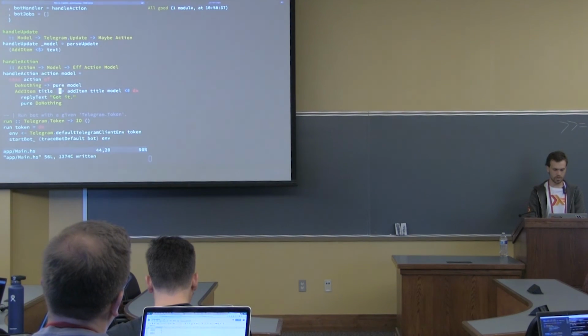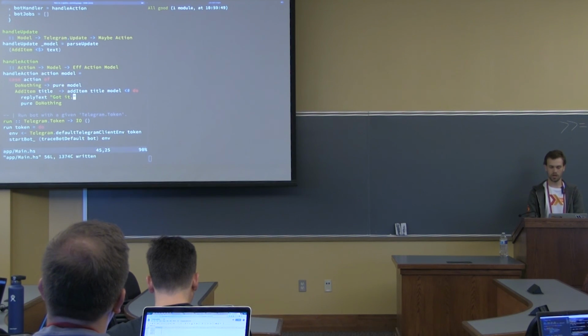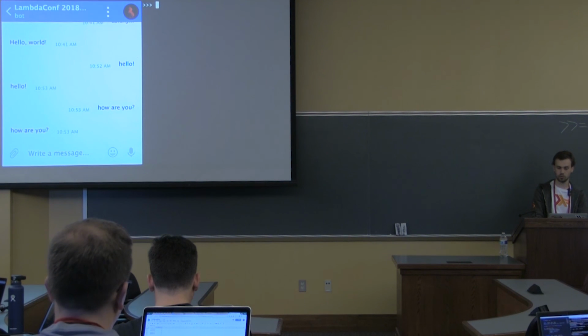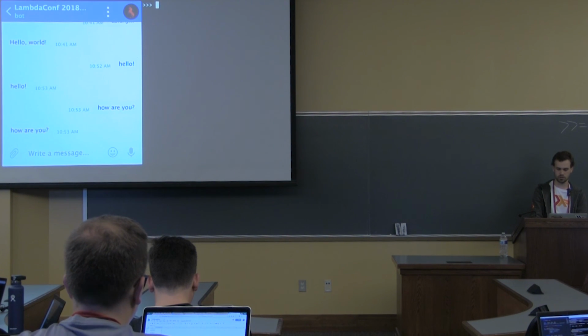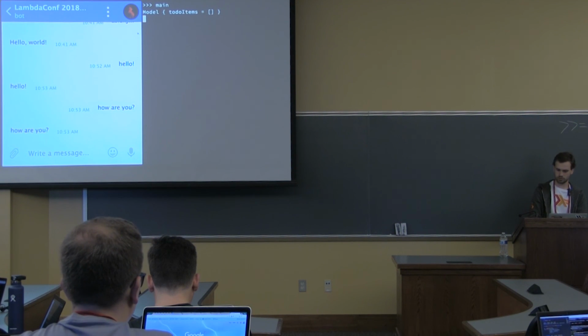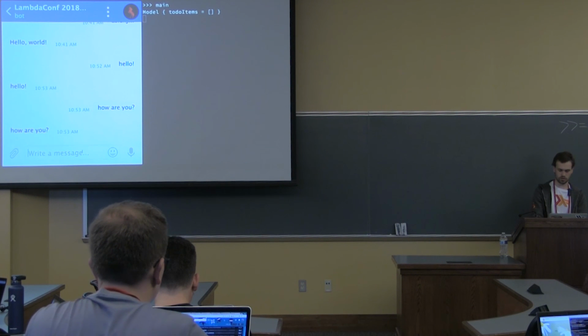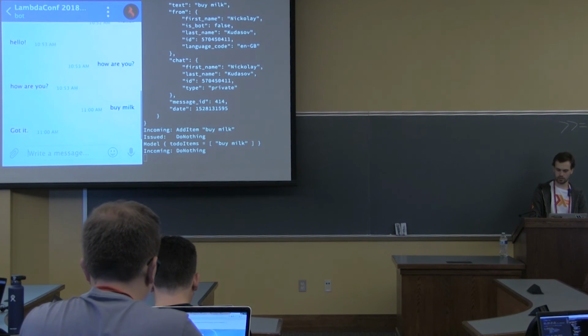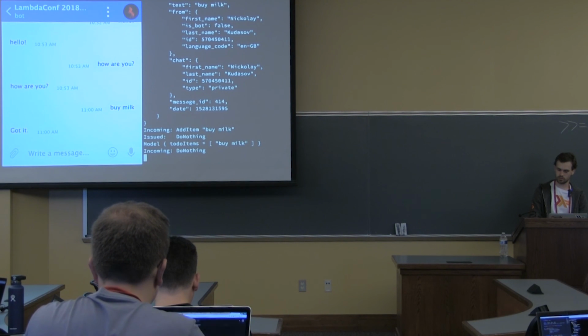All right. Okay, so we've made the add item, right? So it should work. We do not display the items yet, but we can still use the trace stuff, so we can run our bot. It will display that the initial state is the empty list, and then we can have something like buy milk, and it adds that to our to-do items here, and we can see that the model has been updated.